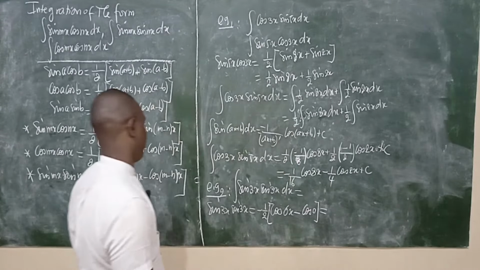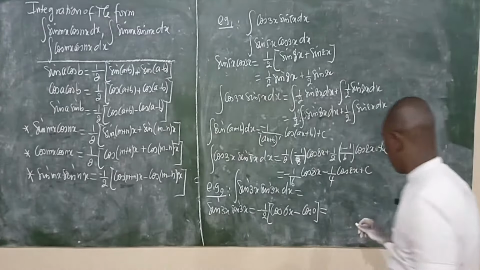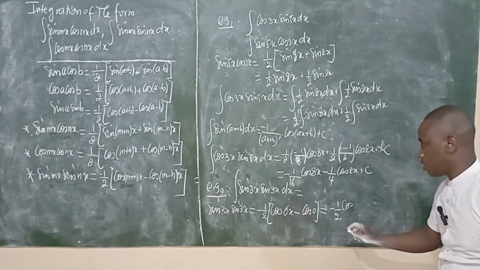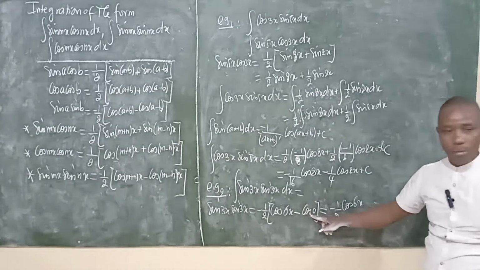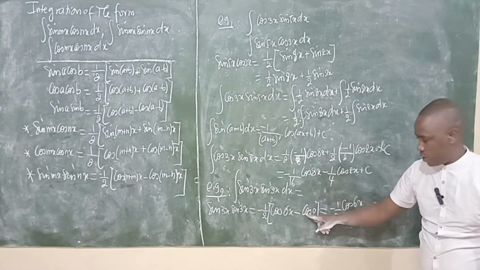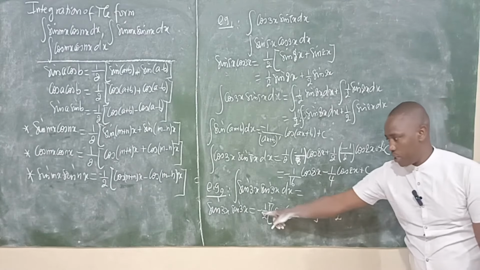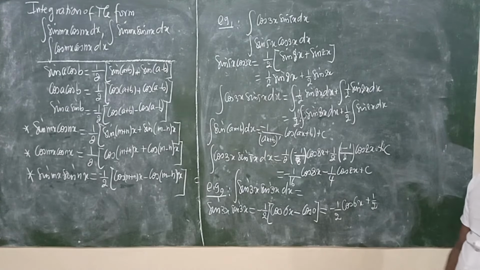This is minus a half of cosine 6x. Remember, the cosine of 0 is 1. That 1 with the minus will be multiplying this to be plus a half.